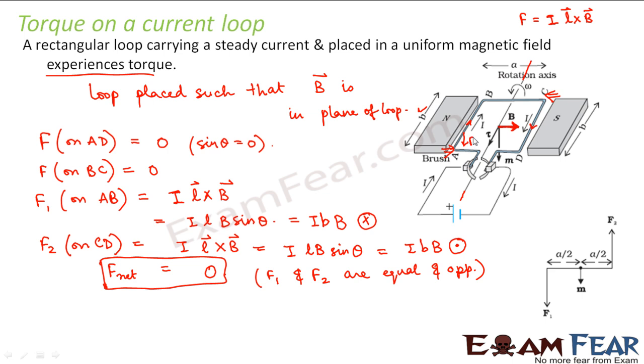What is the aim of this F1? This F1 wants to push AB downwards, and there is a force F2 which wants to pull the side DC upward. So F1 is trying to bring the side AB down and F2 is trying to bring the side CD up. So it is trying to basically rotate the loop.